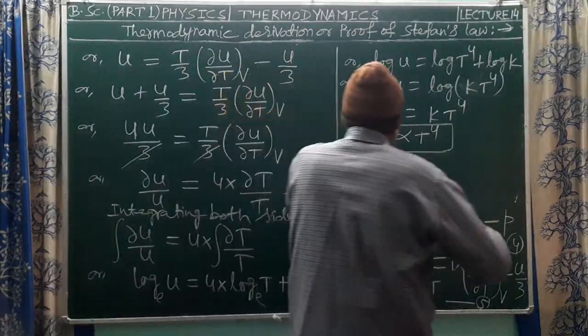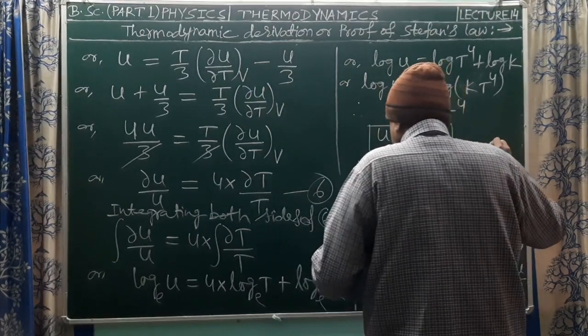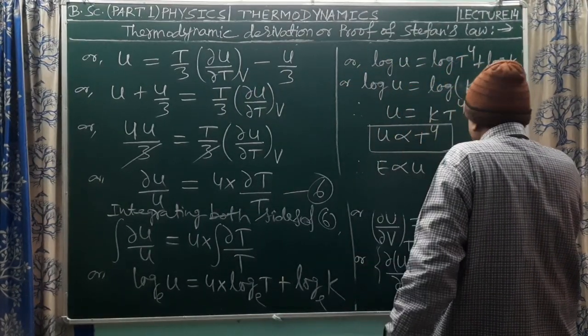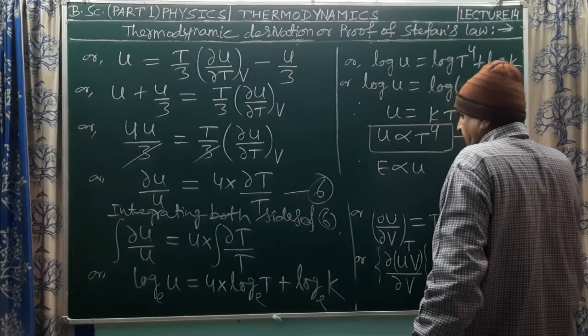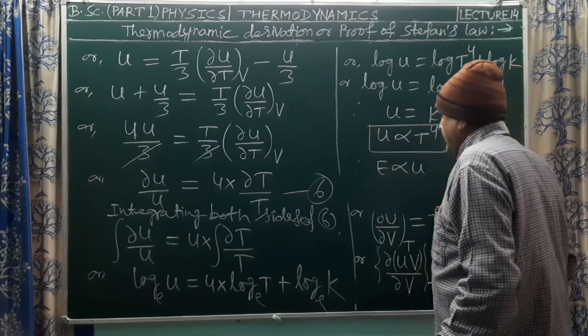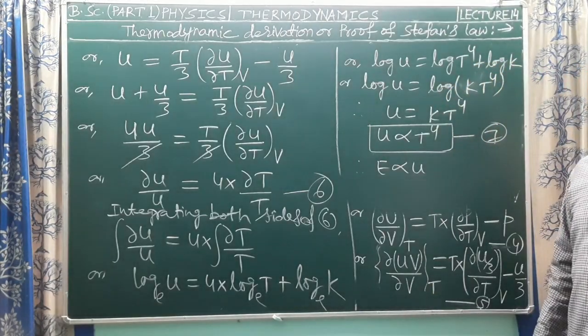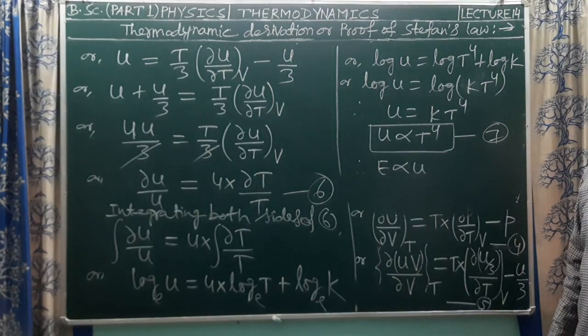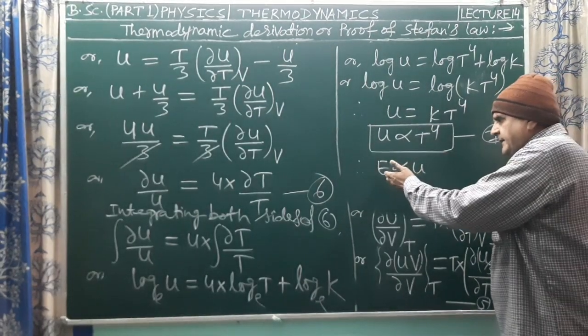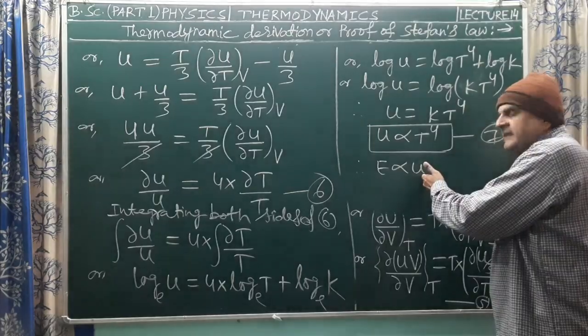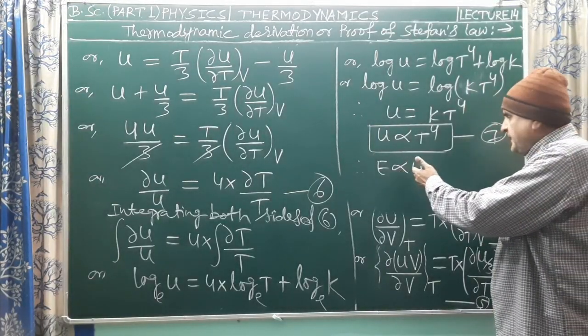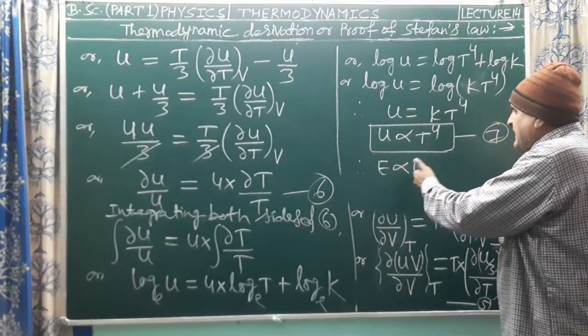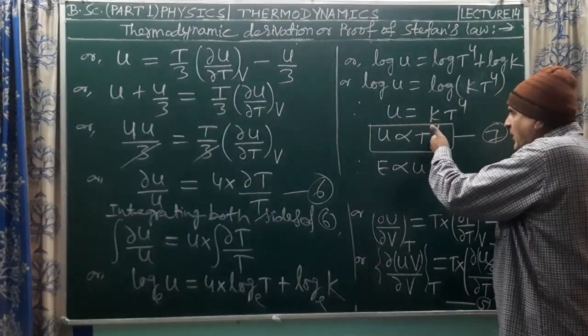So we can write this relation u varies as T to the power 4 as equation number 7, and radiant energy per unit area per unit time from a black body is directly proportional to its energy density of the black body radiation. So E varies as u, and here u varies as T to the power 4.